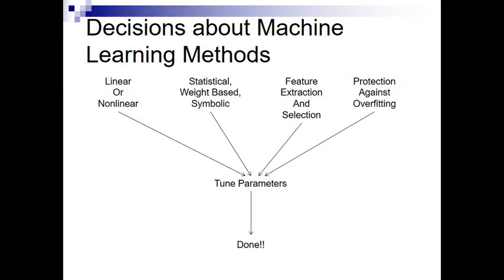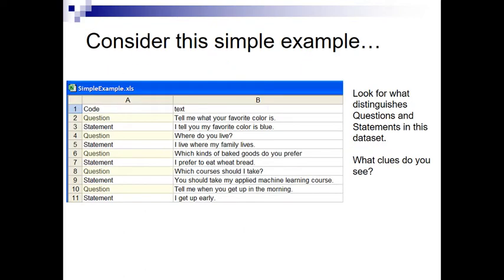But then you'll see feature extraction and selection. That's what I'm going to spend most of my time talking about in this lecture. And then there's also an area, protection against overfitting. These are kinds of meta techniques that you can also learn about in that book and that are available both in Weka and in LightSIDE.